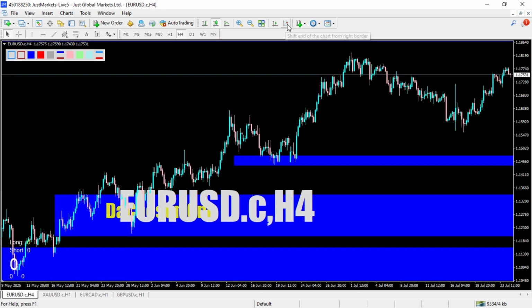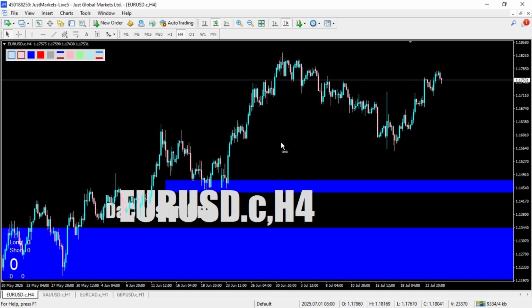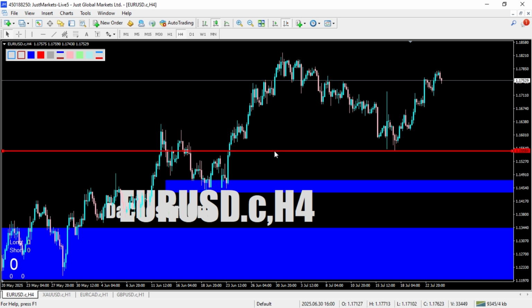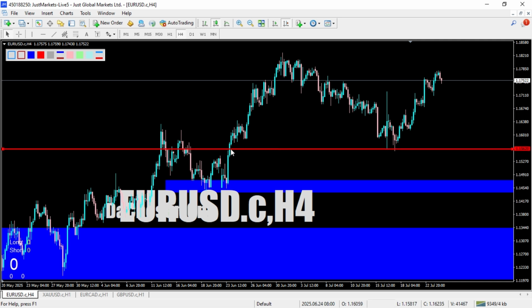So when you go to the H4 time frame, you can see that in this area, it made a QMTR here.